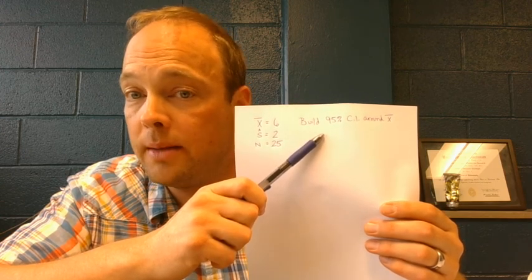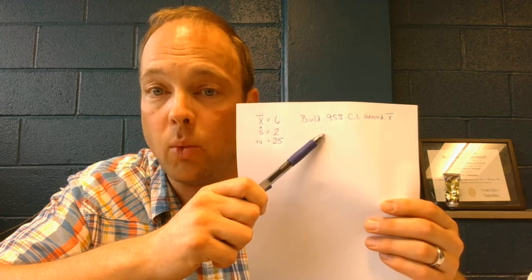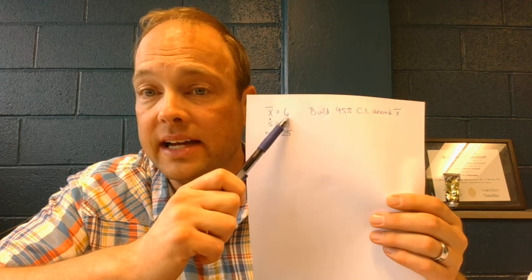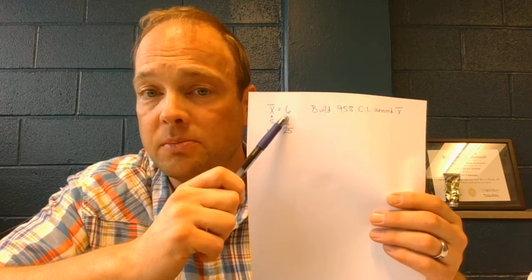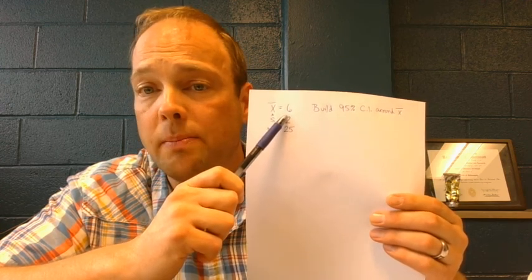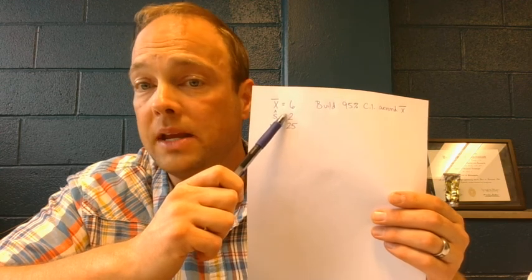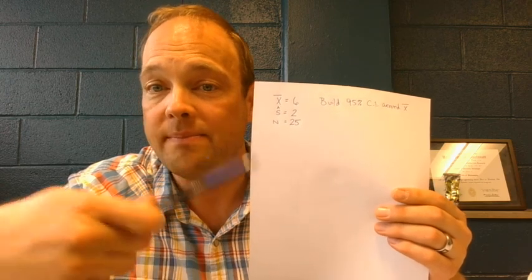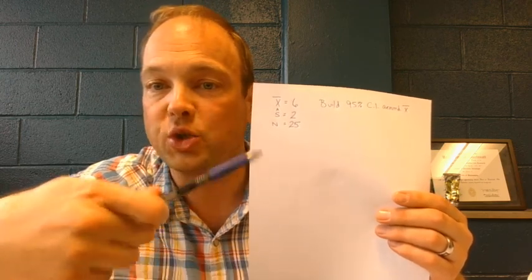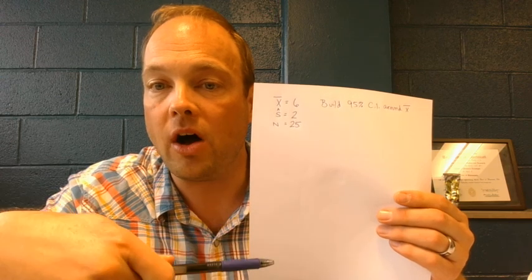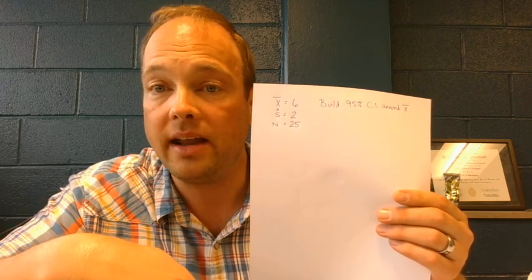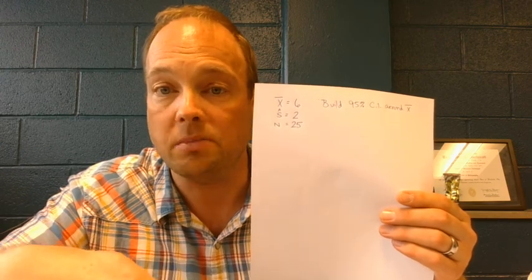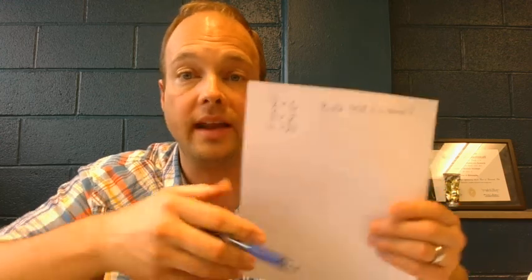We will have a lower limit and an upper limit, and what we can say is that while we know this mean of 6 is not equal to the population mean from which it came, we can be 95% certain that the true population mean falls somewhere within that interval.